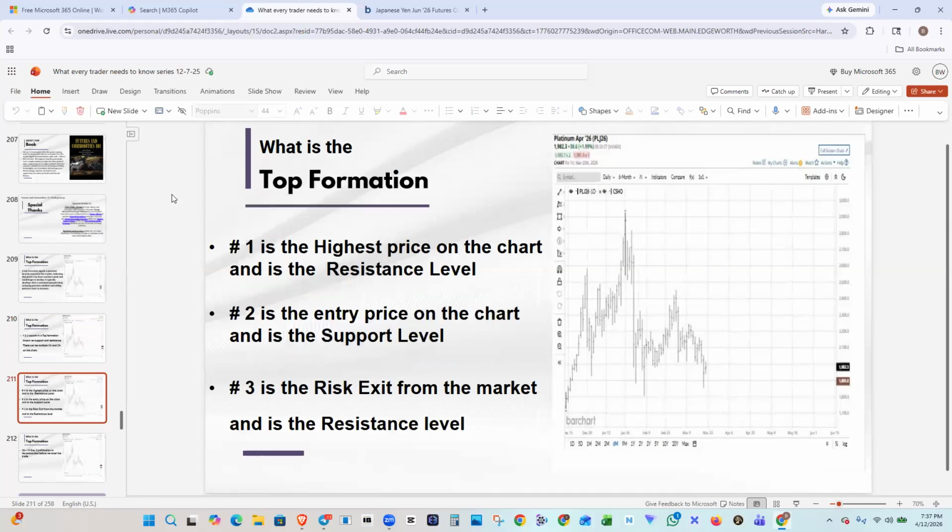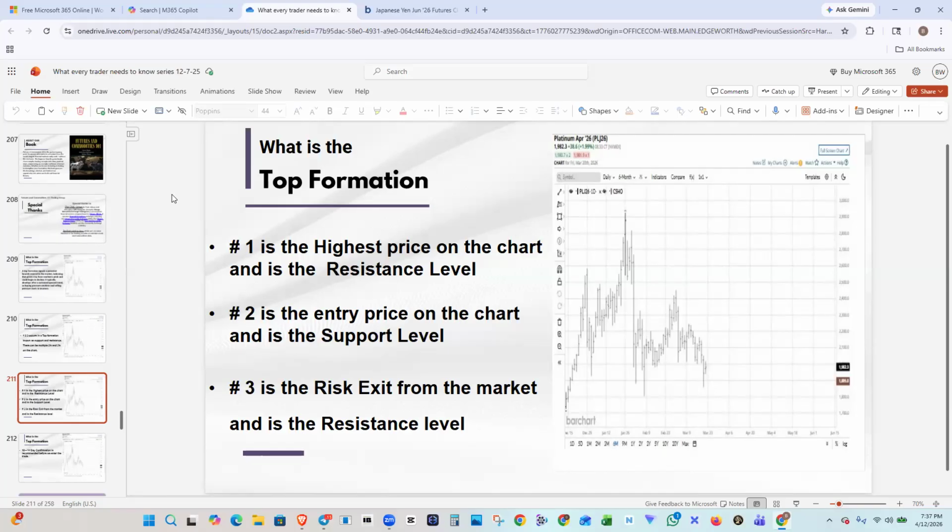So, how do we figure out where the number 1 is? The number 1 is the highest price of the chart and is the resistance level. The number 2 is the entry, which is considered support.